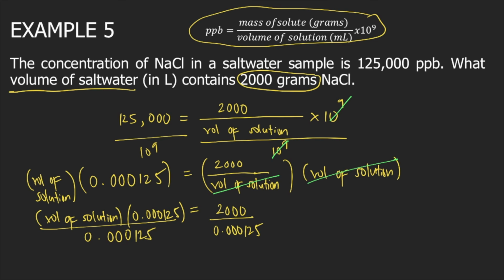So this cancels on the left side. What remains on the left side is the volume of solution. And on the right side, you have 2,000 divided by 0.000125. This is equal to 1, 6, and 6 zeros.